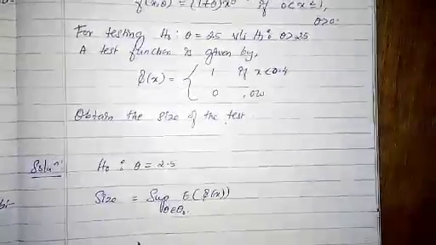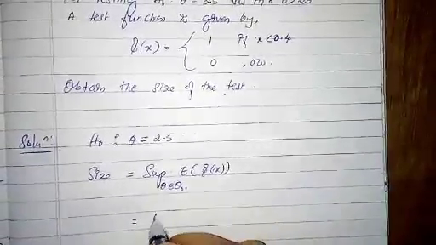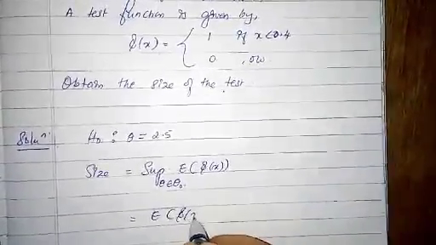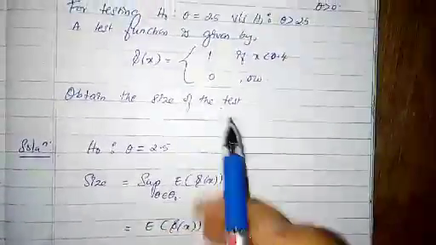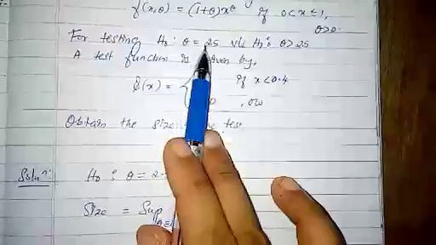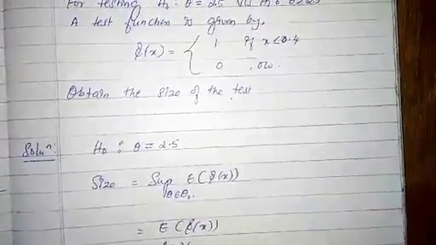So here what is theta naught? Then we can write it as expectation of phi of x, here theta equal to theta naught. What is theta naught here? Theta equal to 2.5.